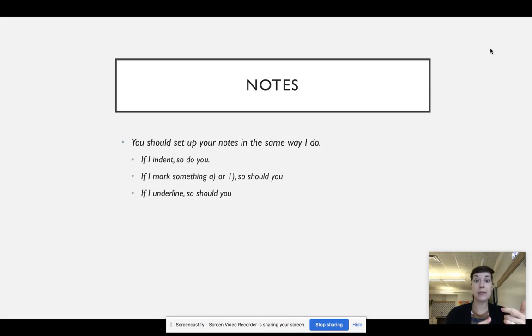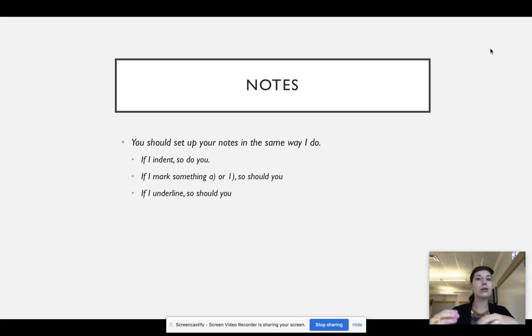You need to be copying these in a notebook, retyping them somewhere, printing them out and putting them in a file somehow. You need to do some work with organizing these, because if you're not physically interacting with these notes, they're going to be really hard to remember, and it's a lot.